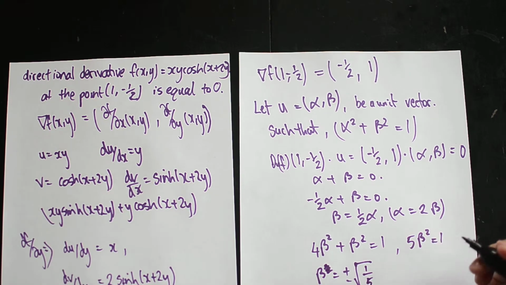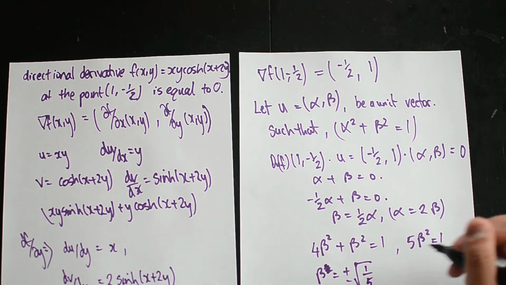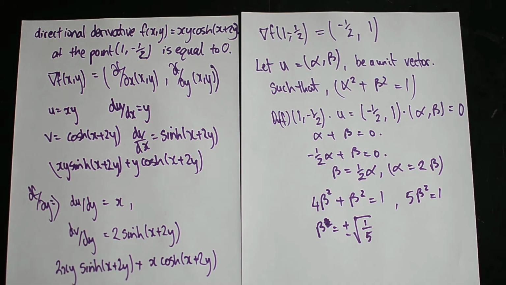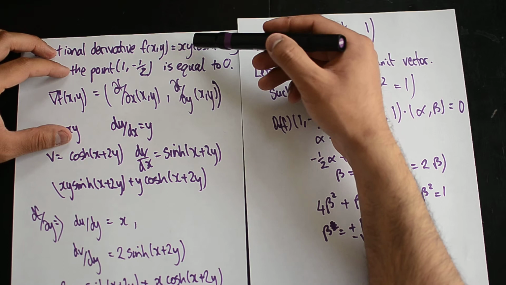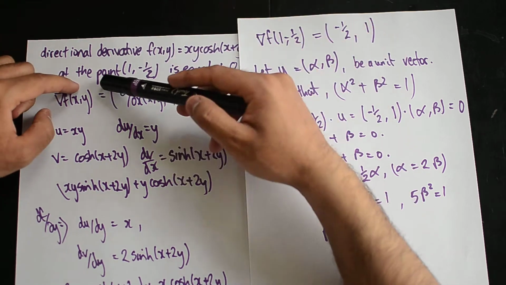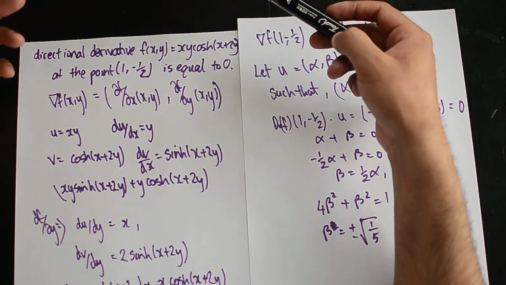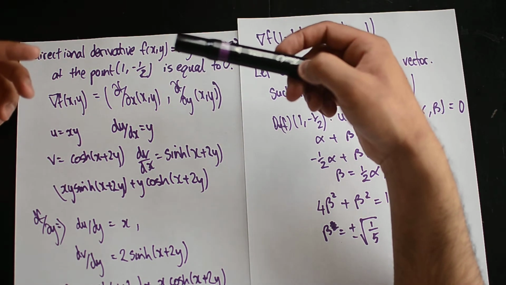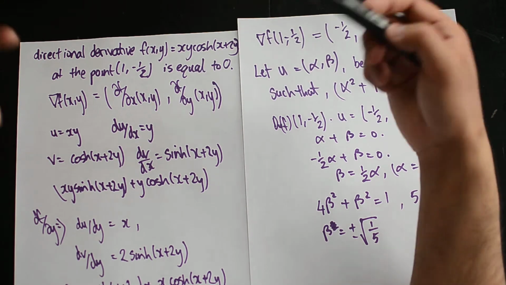So I get plus or minus, because obviously it's just squared. So now I know what beta is. You plug it in, you can find out what alpha is. This is how to find out a problem like this. You might be given a problem which might be multiple choice. It could be a larger question, but it would say the directional derivative of the function f(x,y) = xy cosh(x + 2y) at the point (1, -1/2) is equal to 0, and it might say in which of the following direction or directions.